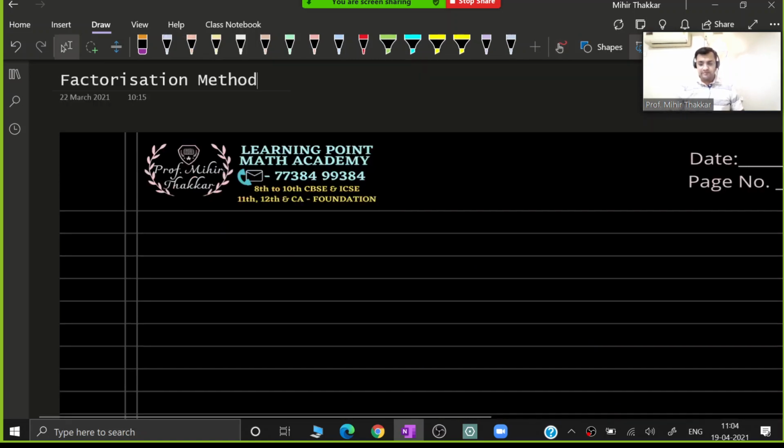So the next part that we have is the factorization method now guys. When is the factorization method applicable? That is the first question. So please write down along with me.